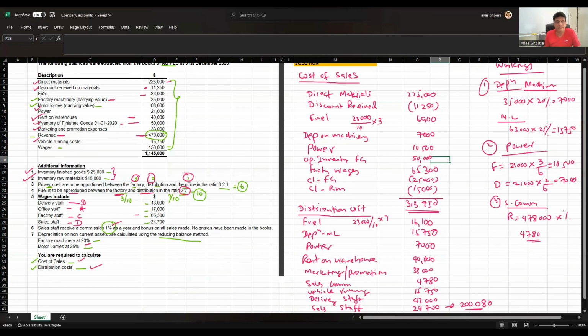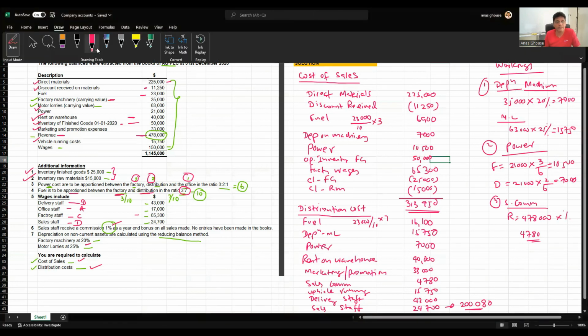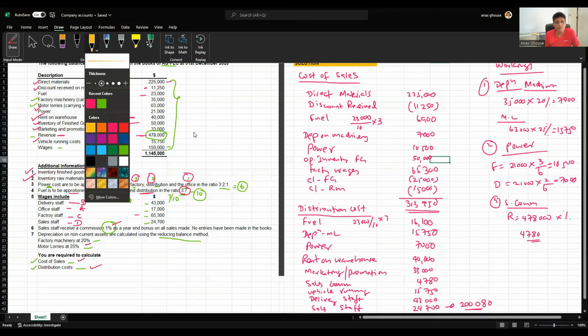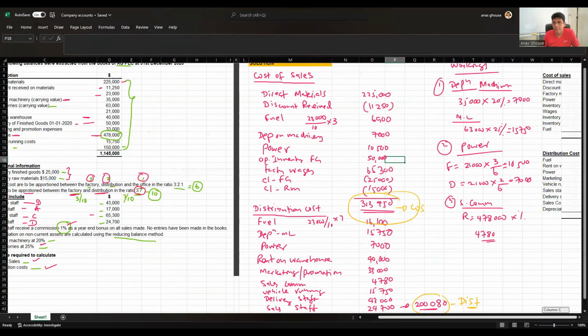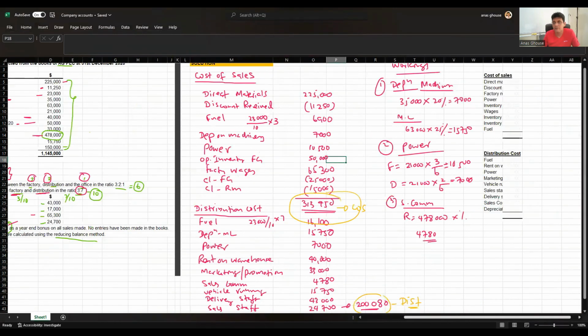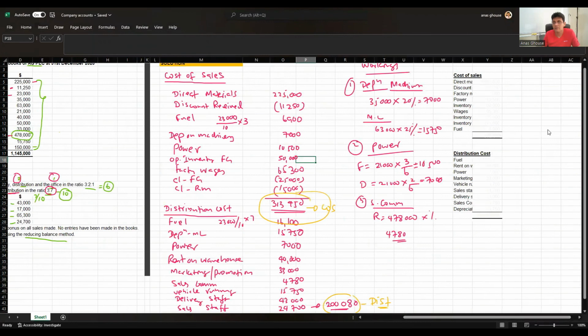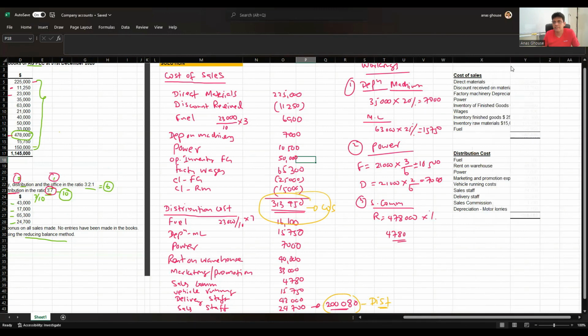These total balances will be reflected on the face of the financial statement. This will be under cost of sales and this will be under distribution expenses. These are the total values. This is the Excel calculation which I have done; you can refer to this.